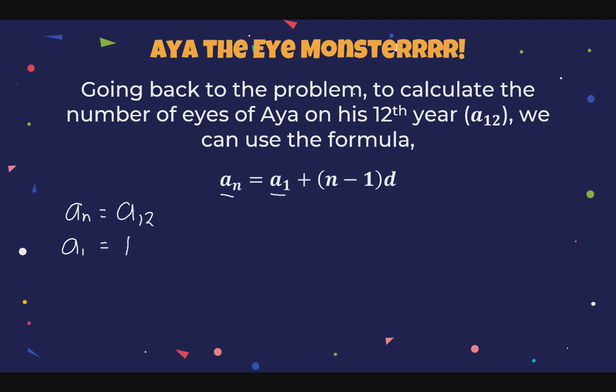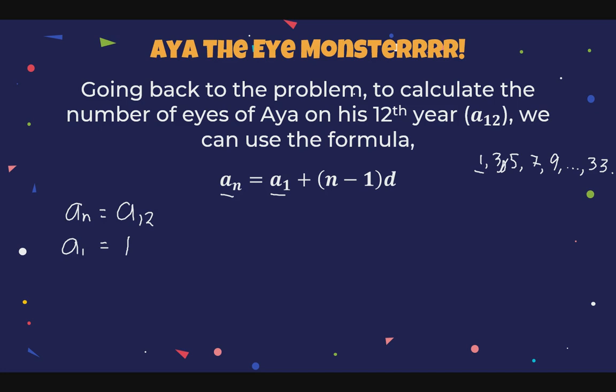Just to go back to our sequence: 1, 3, 5, 7, 9, and the last term is 33. So from this sequence that we generated a while ago, our first term is 1.